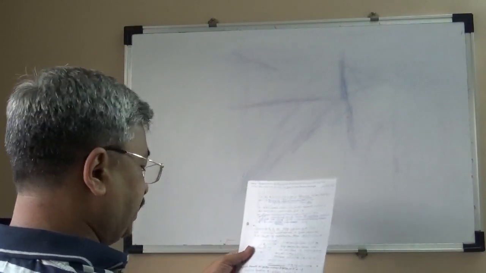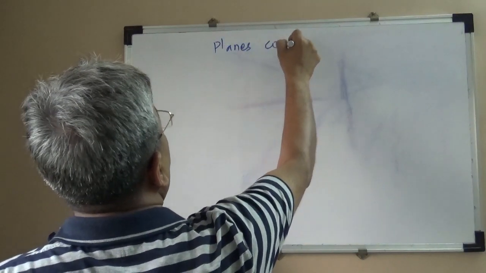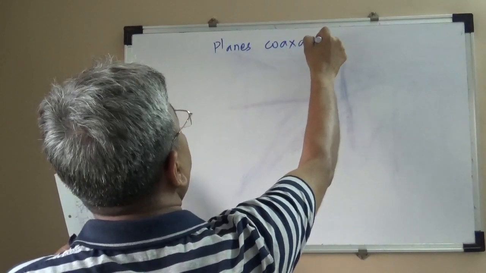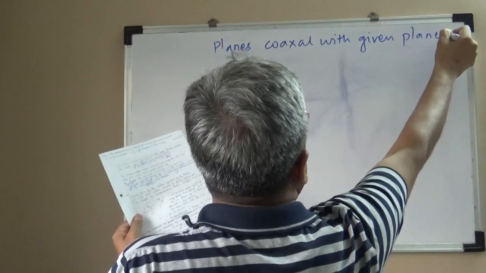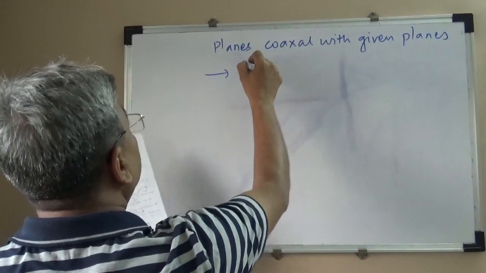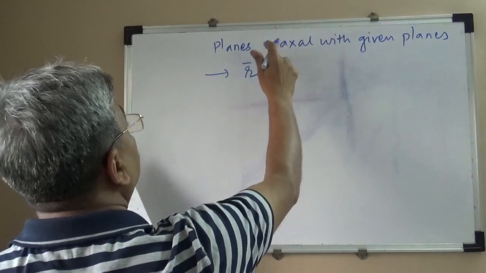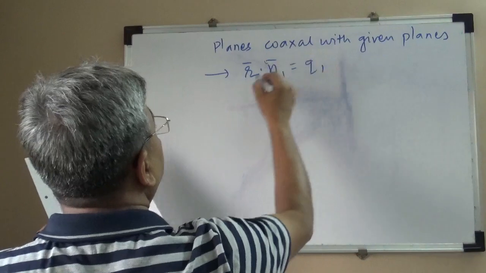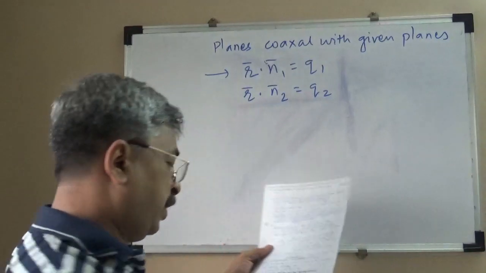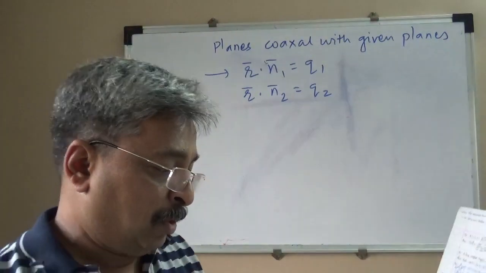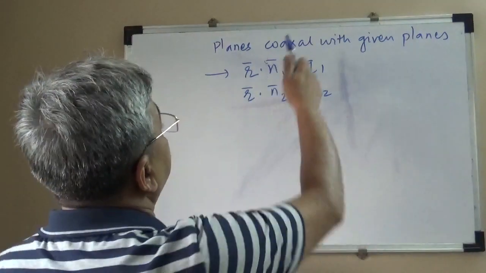So two planes are given to you, r dot n1 is equal to q1 and r dot n2 is equal to q2, and we are supposed to find out the equation of a plane coaxial with these two planes.